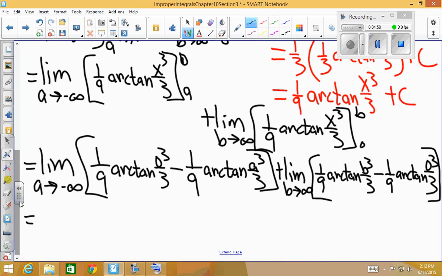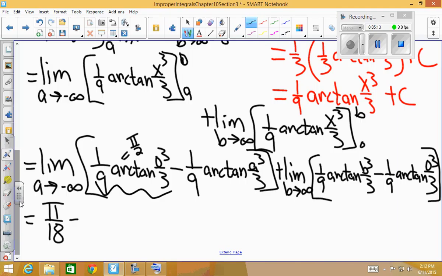Now 0 cubed divided by 3 is 0, and the arctangent of 0 is pi over 2. So this first term becomes 1/9 times pi over 2, which is pi over 18.